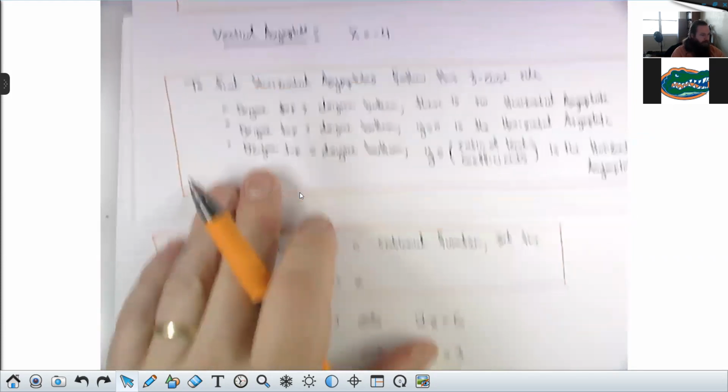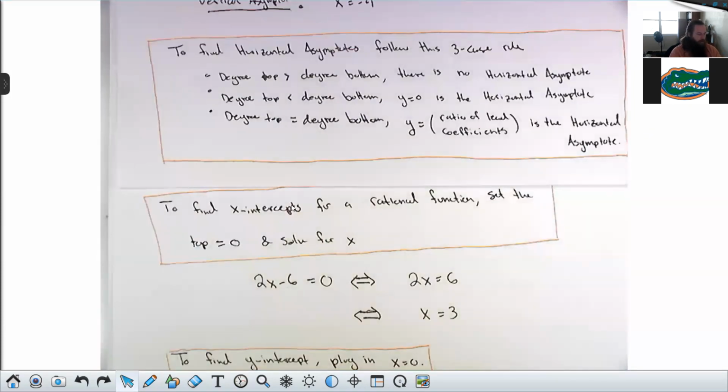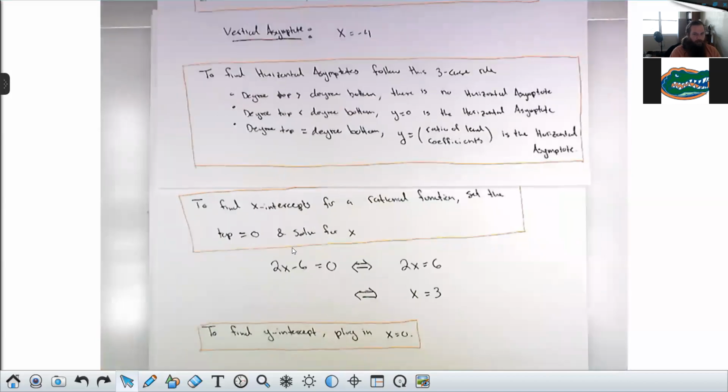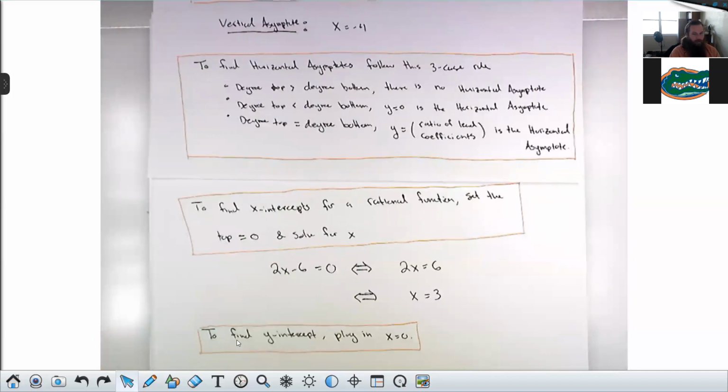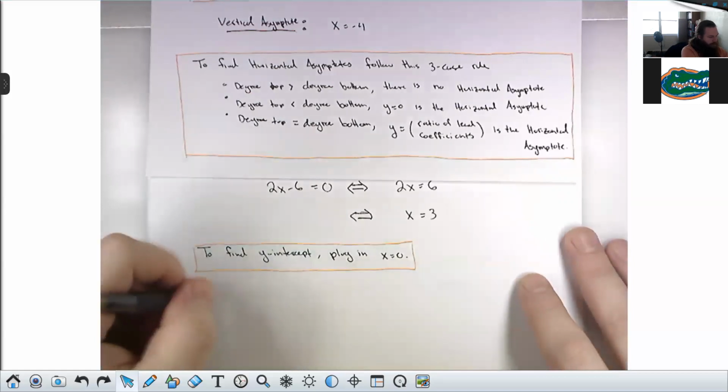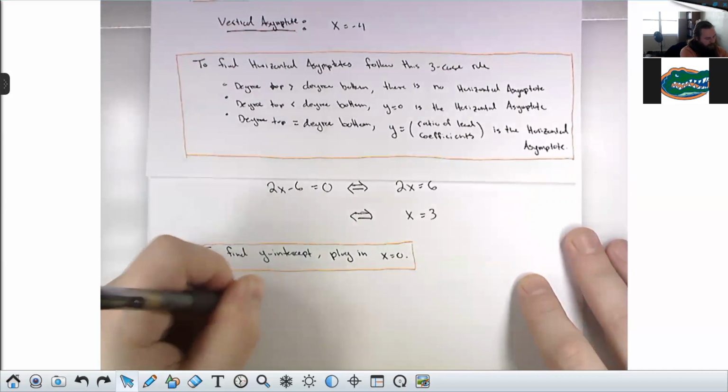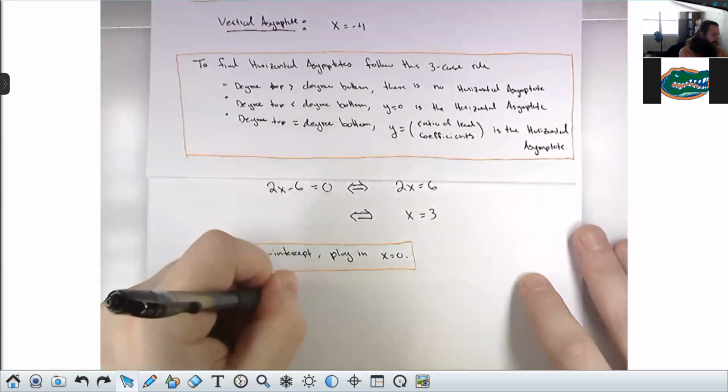X-intercepts and y-intercepts come pretty naturally. X-intercepts come from setting the top equal to 0, which is equivalent to setting the whole thing equal to 0. And y-intercept, as always, comes from just plugging in x equals 0. A little note here before we move on. Y equals a constant is always a horizontal line.